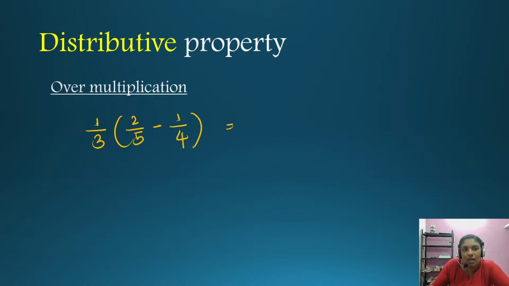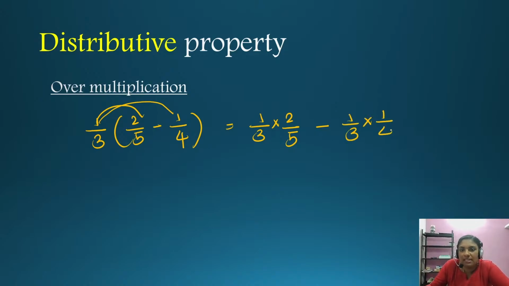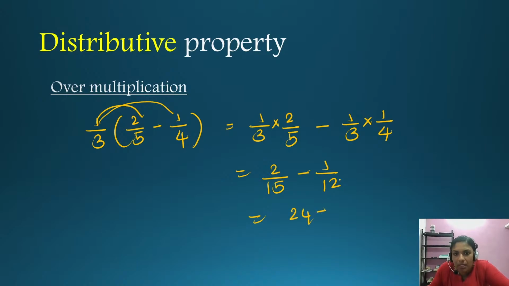How will you do this? 1 by 3 can be given to 2 by 5. Then minus, this 1 by 3 can be given to 1 by 4. See, now 2 by 15 minus 1 by 12. 2, 12 is 24 minus 1 into 15 by, you have to multiply 15 into 12.